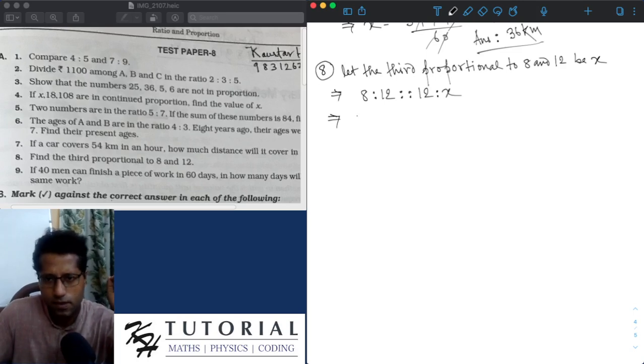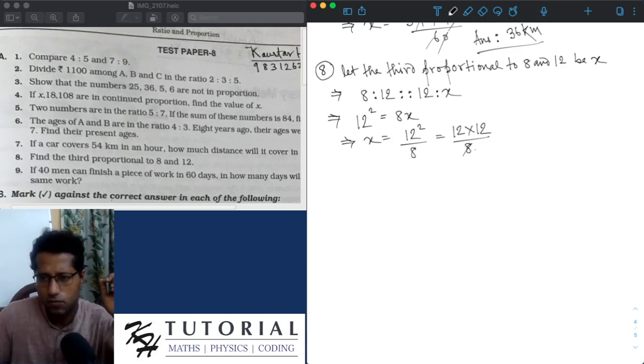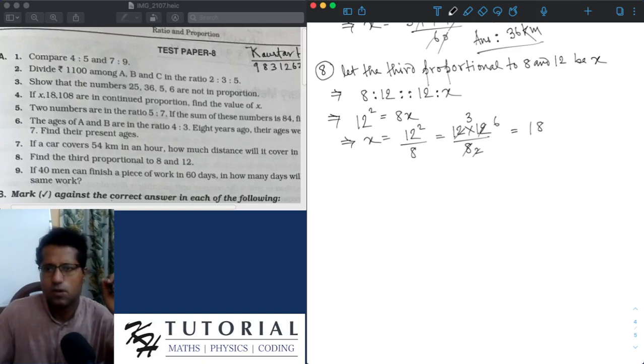So in this example we will have 12 square equals 8x, which implies x equals 12 square divided by 8. This is 12 multiplied by 12 divided by 8. This is 18. So the third proportional to 8 and 12 is 18.